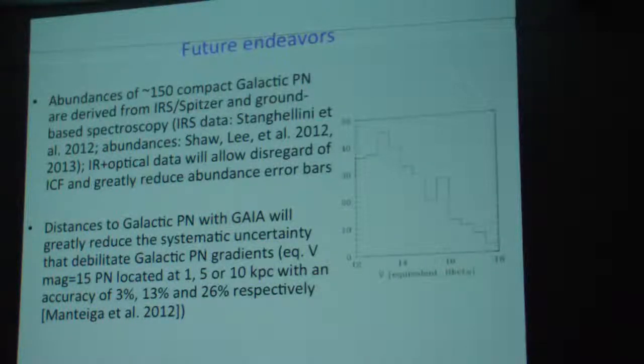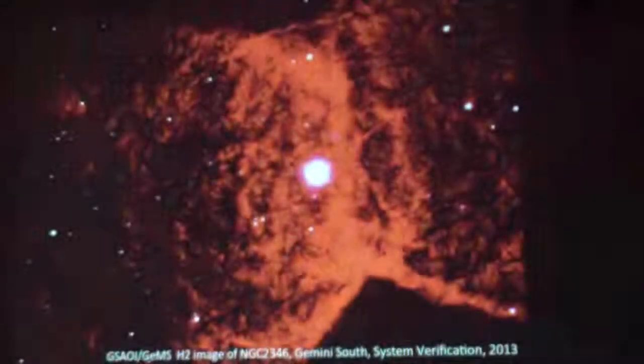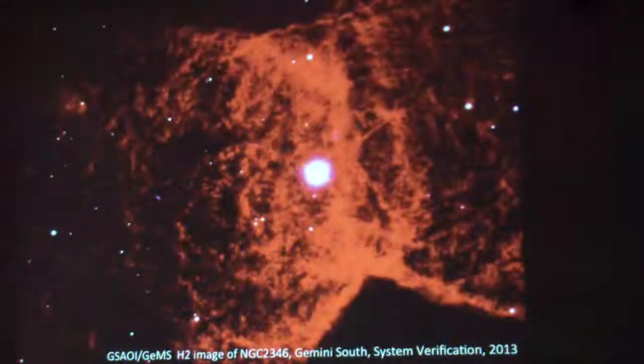So hopefully that will be presented at the next Asymmetrical Planetary Nebulae meeting. And the distances, of course, as was said this morning, once we have Gaia, we will have a better grasp on the gradient.